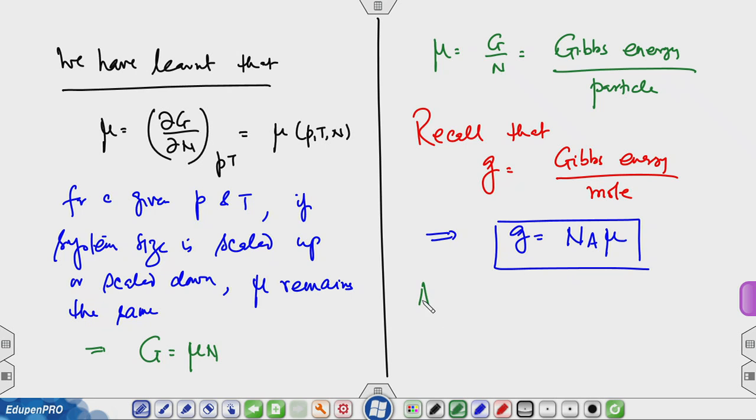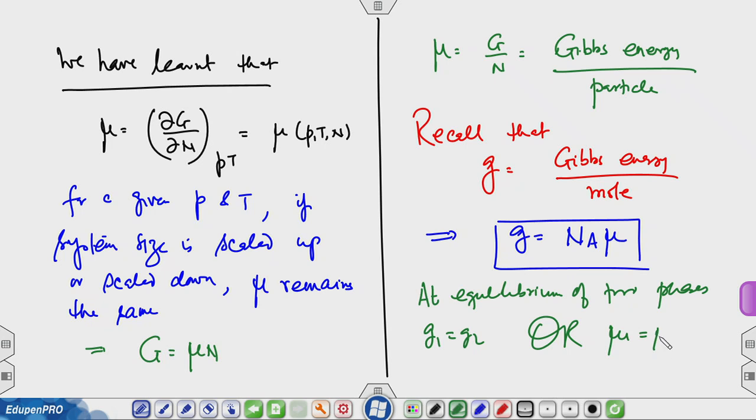And at equilibrium of two phases, those are two open systems, G1 equals G2, or equivalently, mu1 equals mu2. The chemical potential of the two systems is the same. So this independence that I talked about is not there. Mu is an intensive quantity, it depends on P and T, and therefore G becomes mu N.